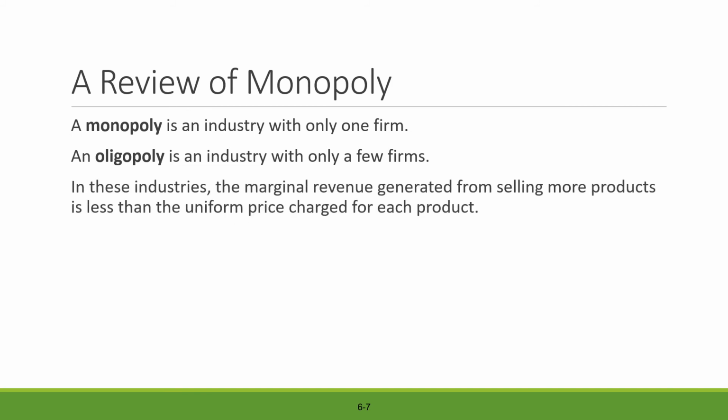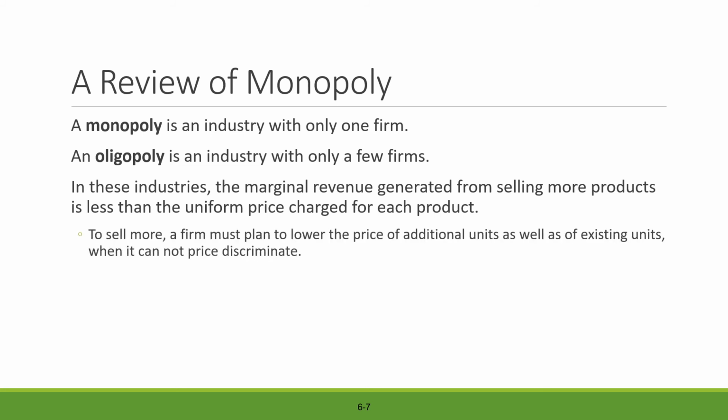In these industries, the marginal revenue generated from selling more products is less than the uniform prices charged for each product. And to sell more, a firm must plan to lower the price of additional units as well as of existing units. Now remember, in a monopoly, a firm can charge whatever price he wishes to charge.